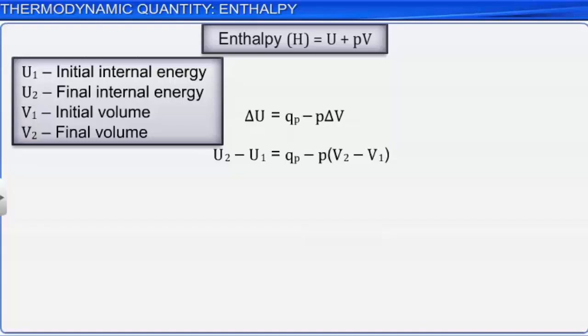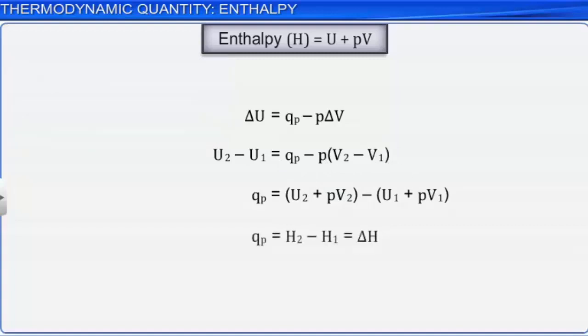The above equation can be written as U2 minus U1 equal to Qp minus P into V2 minus V1. On rearranging this, we get Qp equal to U2 plus PV2 minus U1 plus PV1. But we've already learned that U plus PV equal to enthalpy H. Hence, the equation can be written as Qp equal to H2 minus H1 is equal to delta H. Therefore, delta H is equal to Qp.